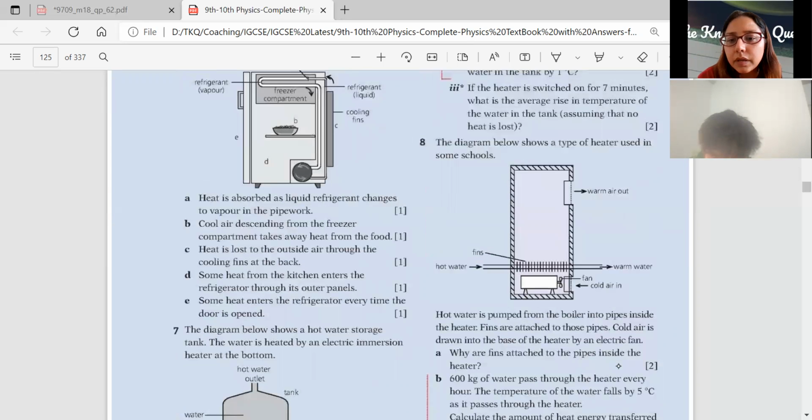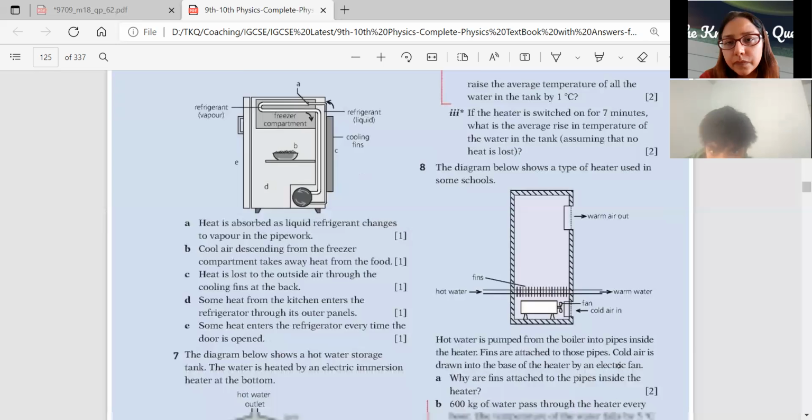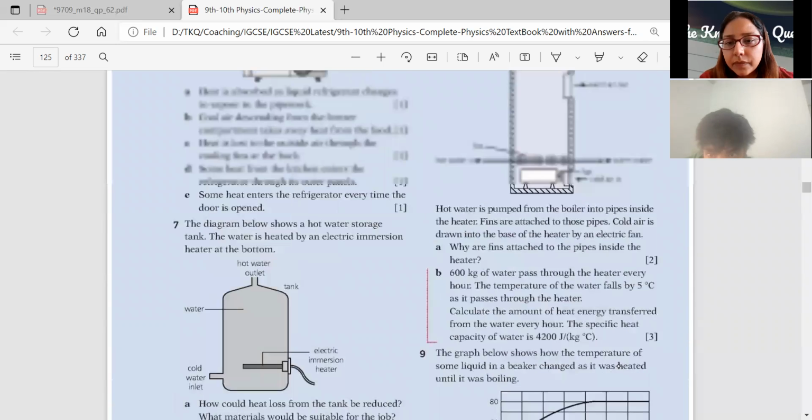So if it was switched on for 7 minutes, we got 12,60,000 divided by 100, divided by 4,200, which is 3 degrees Celsius. 3 only, no?